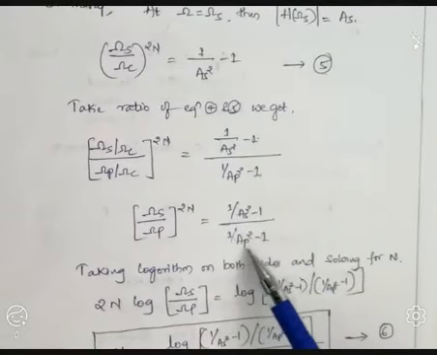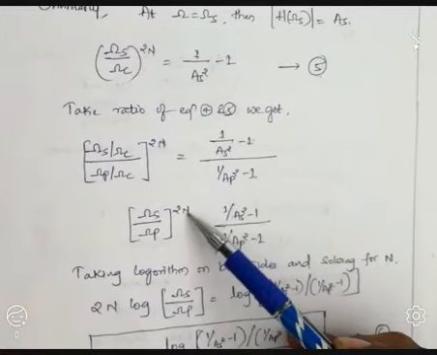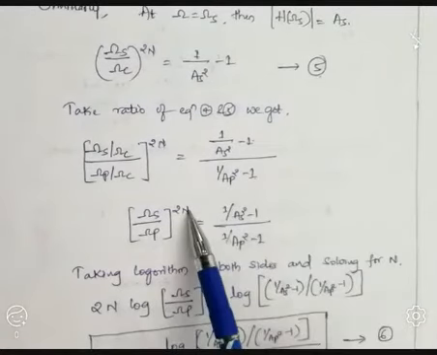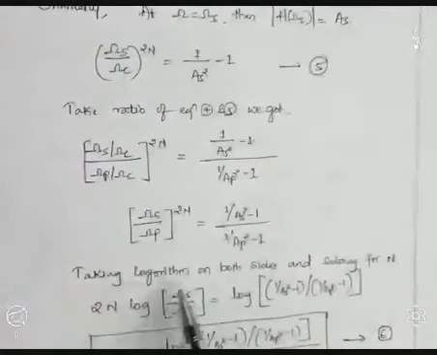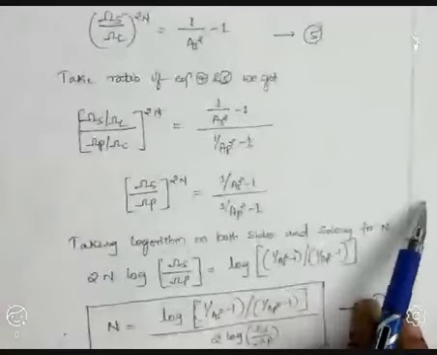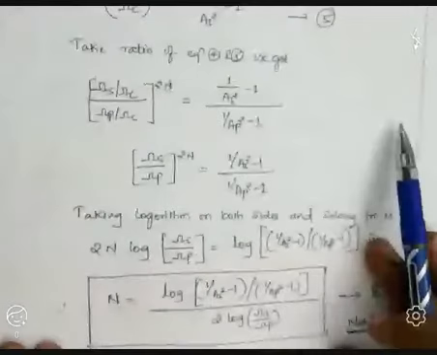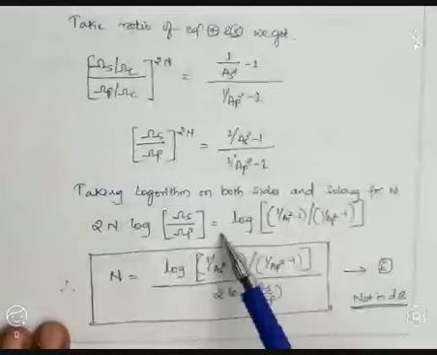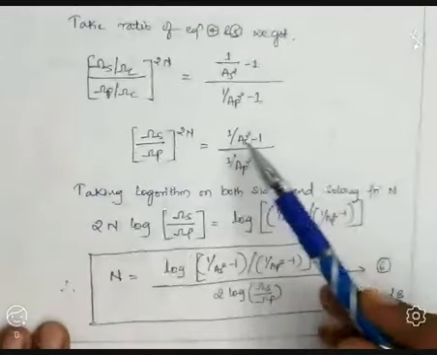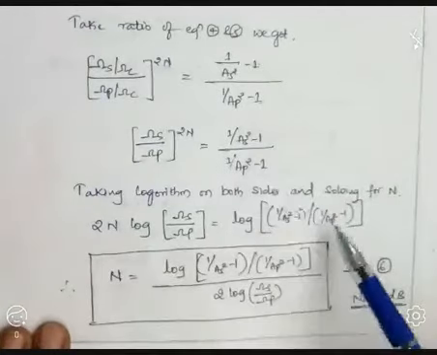Because what we are calculating is the order of the filter, the order of the filter is represented as n. We have to express this equation in terms of n. N is present in the power term, so for that reason I will apply the logarithm. I will take log on both sides, then it becomes 2n log of omega s by omega p, equal to log of 1 by A square minus 1 divided by 1 by AP square minus 1.